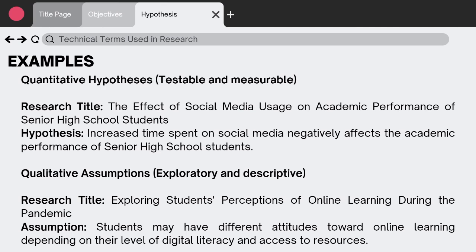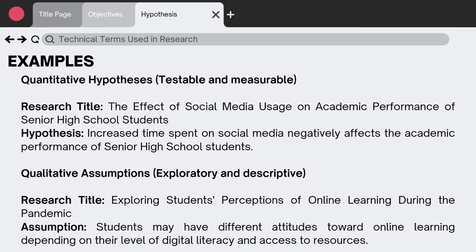For qualitative assumptions, it is exploratory and descriptive. So the assumption would look like this: students may have different attitudes toward online learning depending on their level of digital literacy and access to resources. It's more descriptive. It is not measurable since you have to explore it.